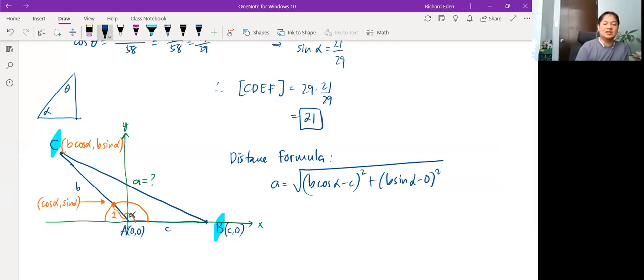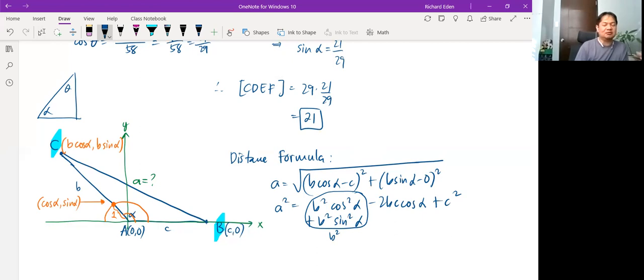Let's square both sides. B squared cosine squared alpha minus 2BC cosine alpha plus C squared plus B squared sine squared alpha. The encircled part is B squared times sine squared plus cosine squared alpha.